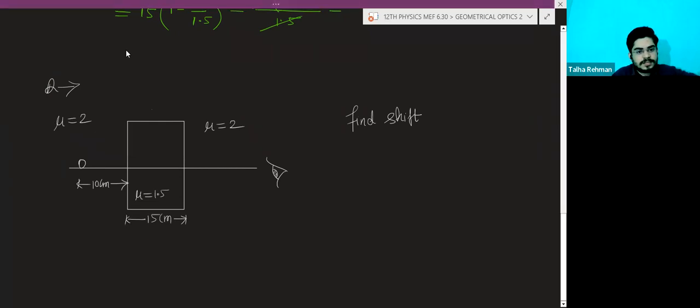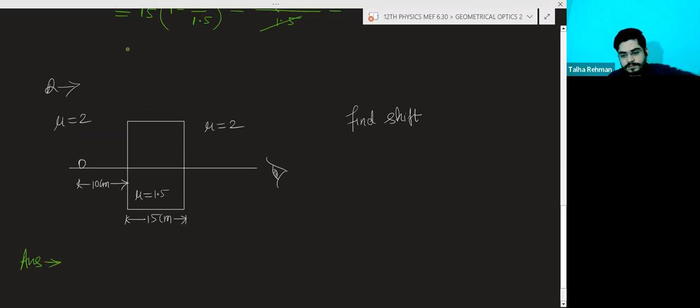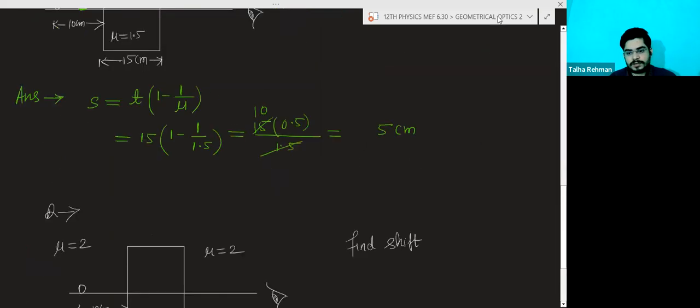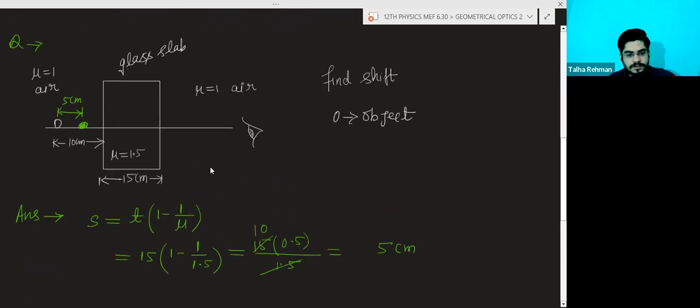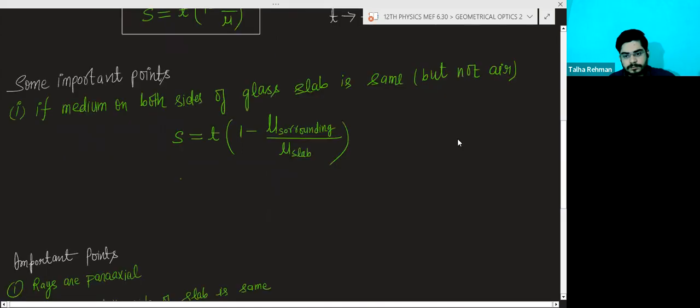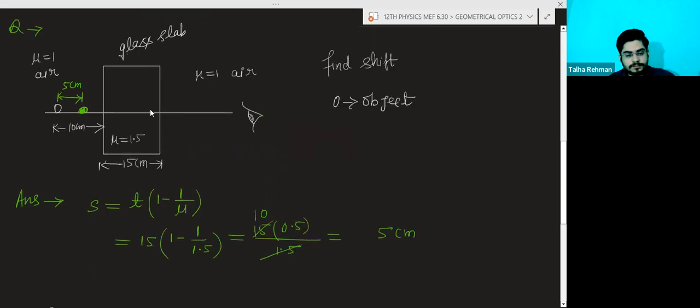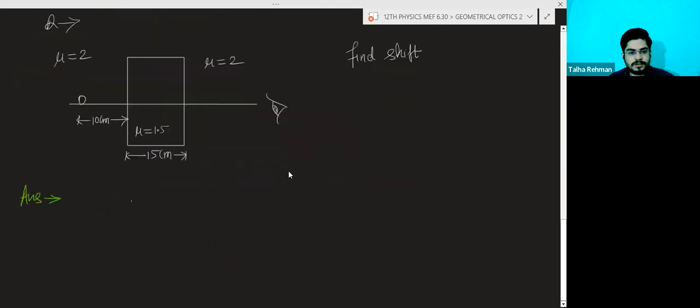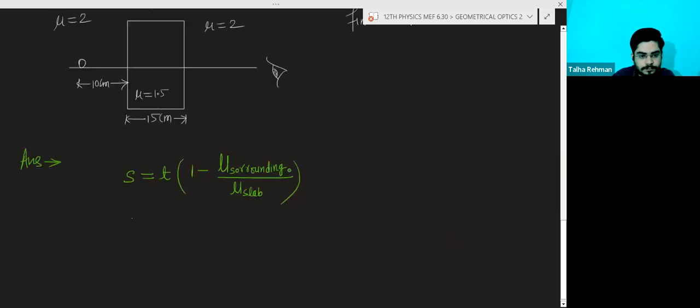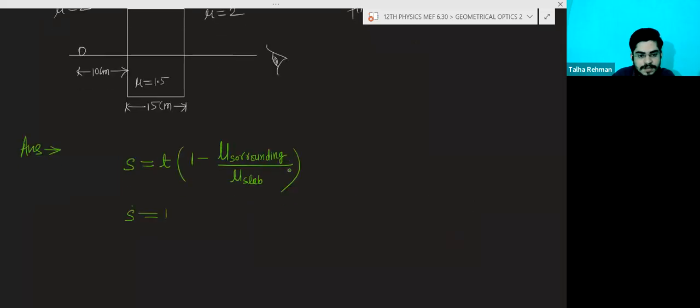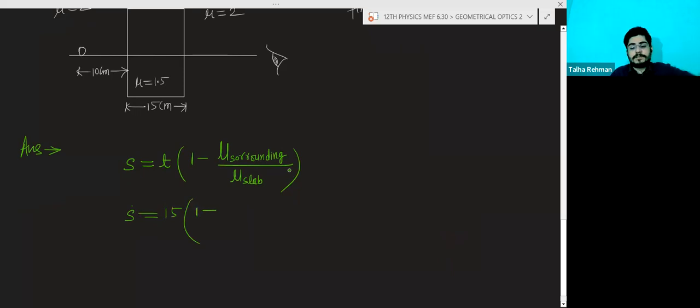So in case on both sides of the glass slab the medium is different, what was the formula I have told, we have written this formula. So now we will use this formula. Shift will be thickness of the slab, that is 15, times 1 minus refractive index of the surrounding medium.